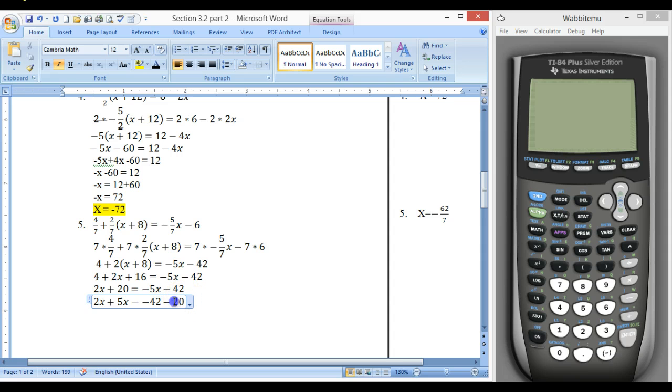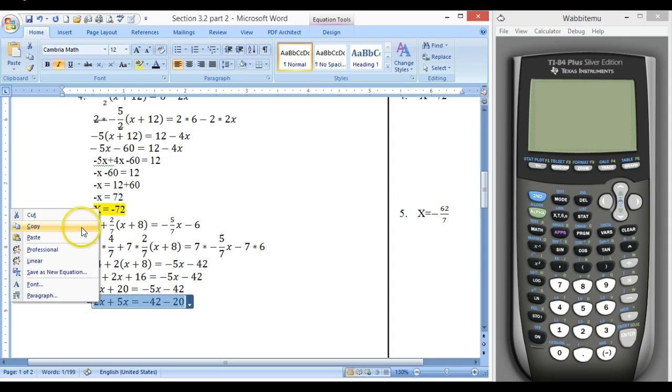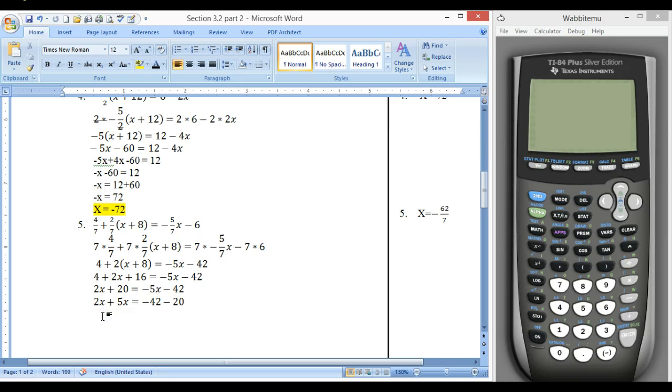All right, so now I'm going to copy this, bring it down, and 5x plus 2x gives me 7x. Negative 42 minus 20 makes negative 62. There we go.